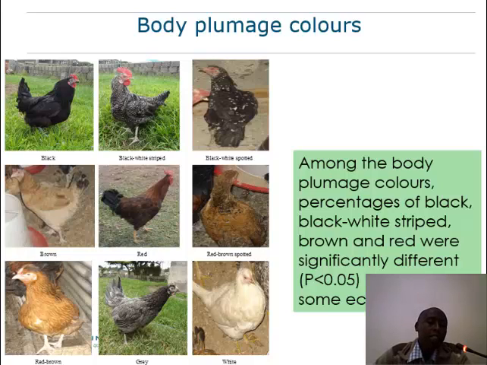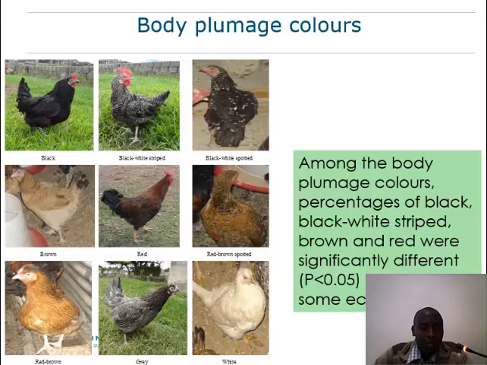For the methodology, you can find it in the paper, but mostly I used what we call the Kruskal-Wallis test to differentiate different morphological features. As you can see there, we have different body plumages recorded in the ecotypes.